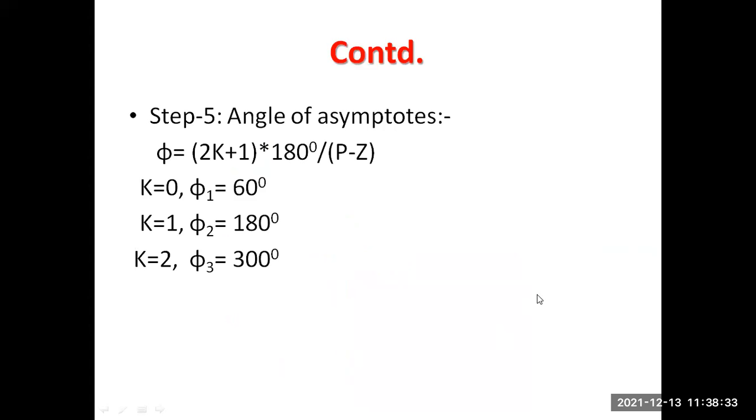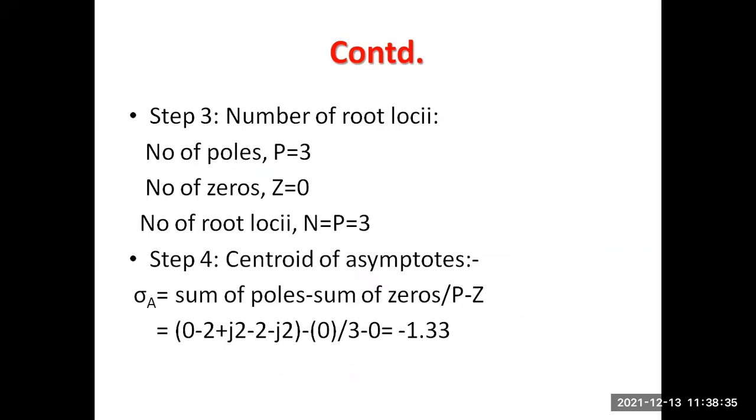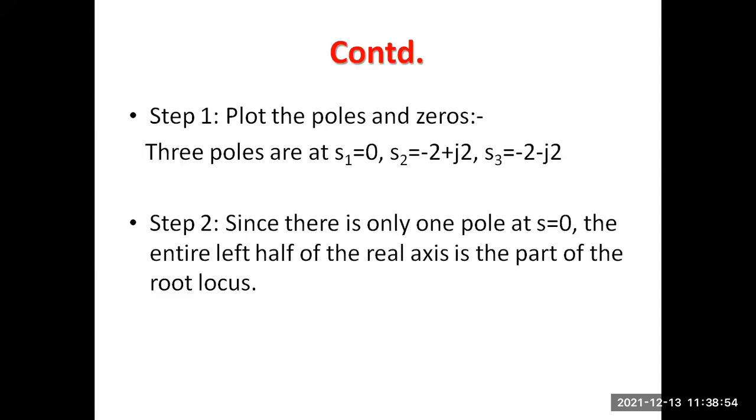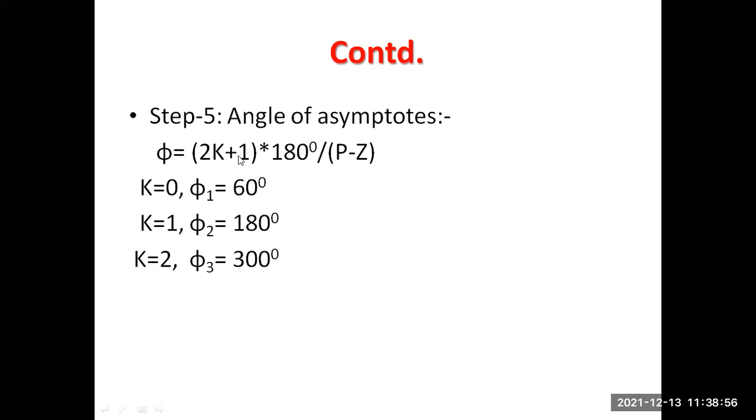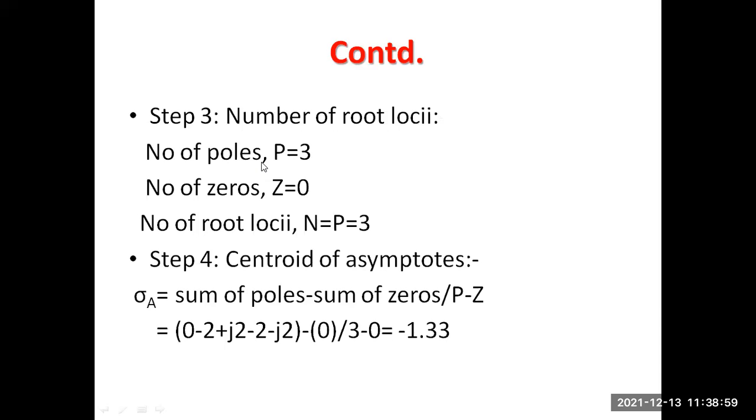Now you calculate the angle of asymptotes. How many asymptotes will be there? There will be 3 asymptotes. So first you apply that formula: (2k plus 1) into 180 degrees divided by P minus Z. You calculate the angle of asymptotes.